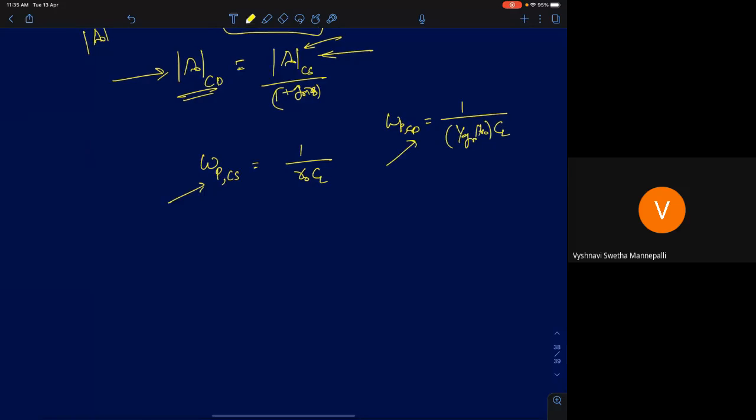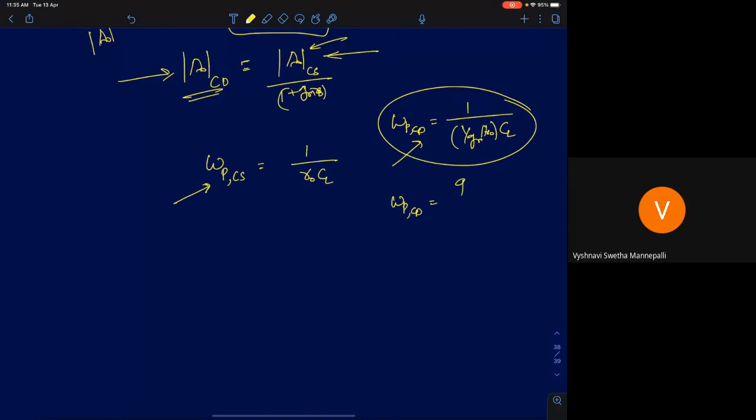If R0 is infinity, omega P of the common source will be at DC, it will be 0. And what will happen to the pole of your common drain? If R0 is infinity, it will approach GM by CL.